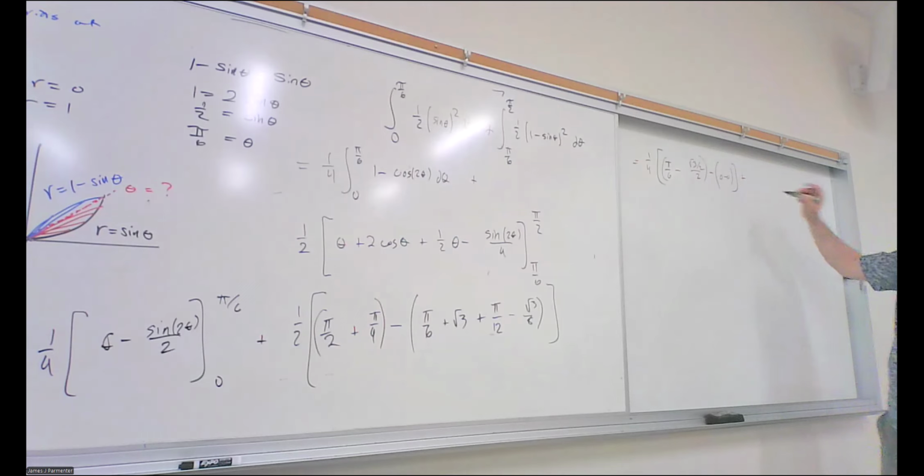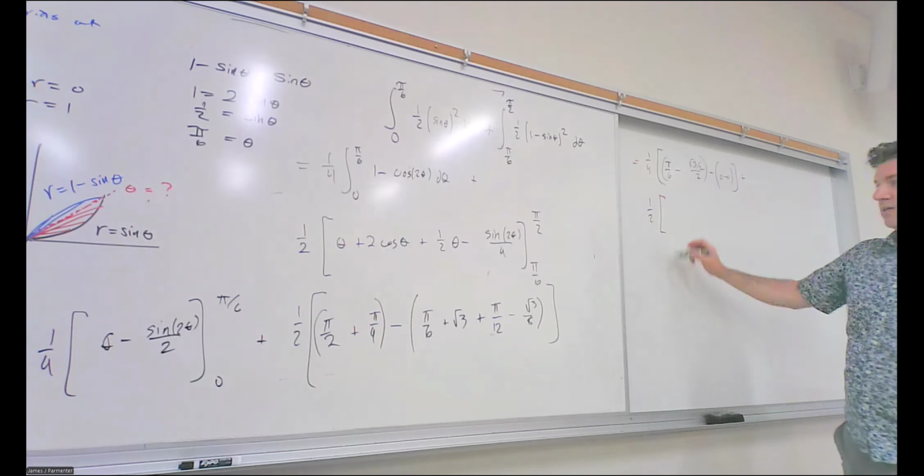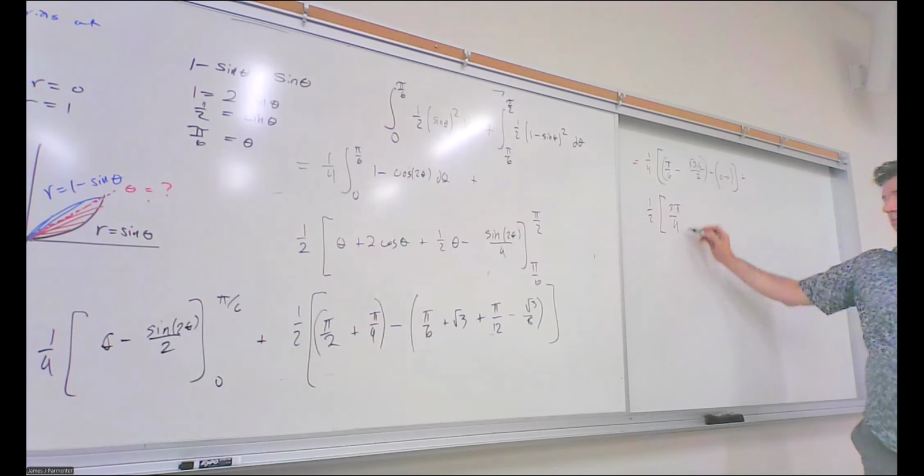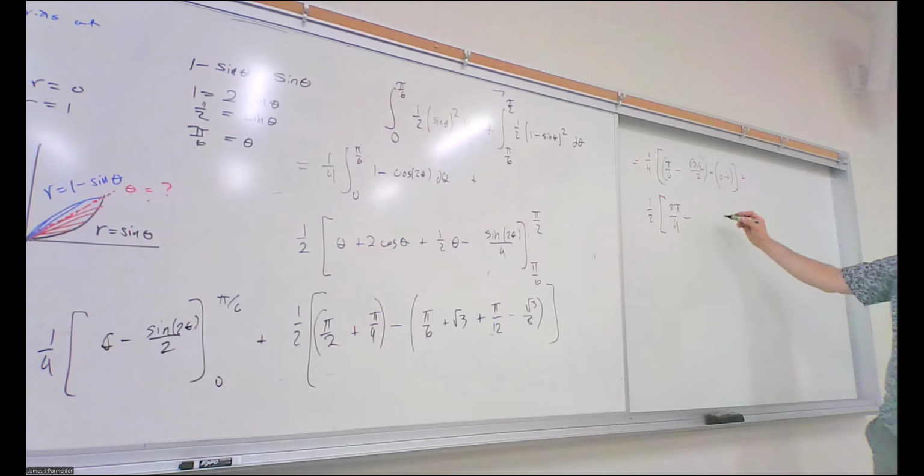Plus all that terribleness. Plus 1/2 times pi over 2 plus pi over 4 is 3 pi over 4. Minus pi over 6 plus pi over 12 is 2 pi over 12, 3 pi over 12, pi over 4. Plus root 3 minus root 3 over 8.